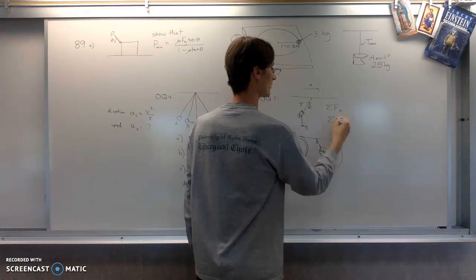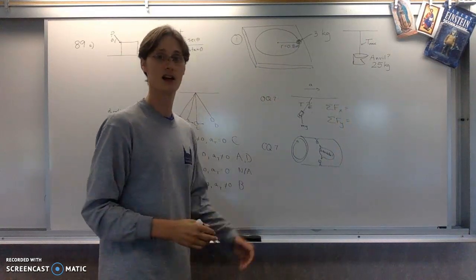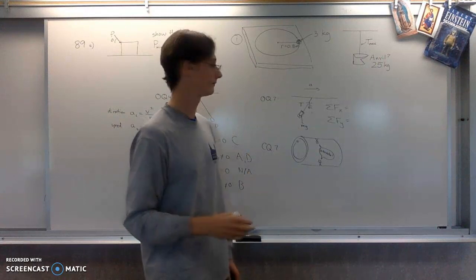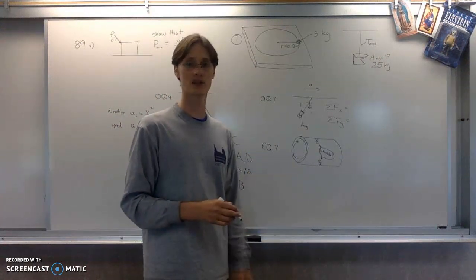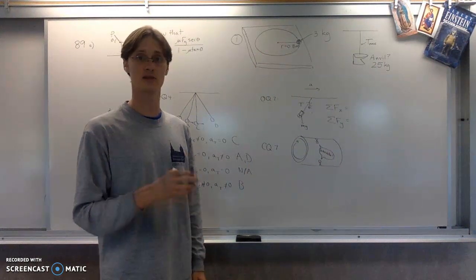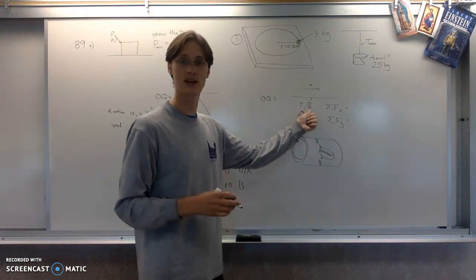All right, so if I wrote some equations for the sum of the forces along each of those axes, for the y direction, it would not just be T minus mg, because that tension is at an angle, and so therefore I have to do the vertical component. Now there's some shenanigans here with the angle theta.